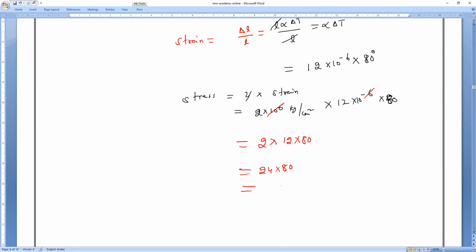It is 1920 kilogram per square centimeter. That is the stress. Note it, everybody. If you have any doubt you can ask. Clear?